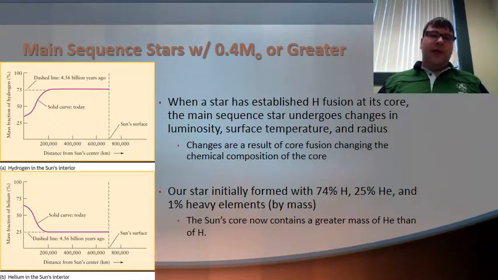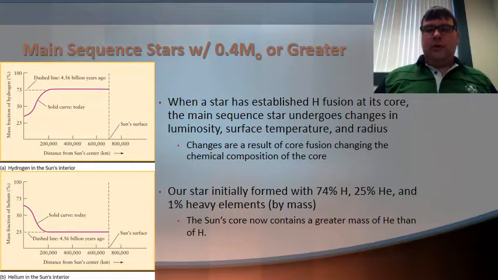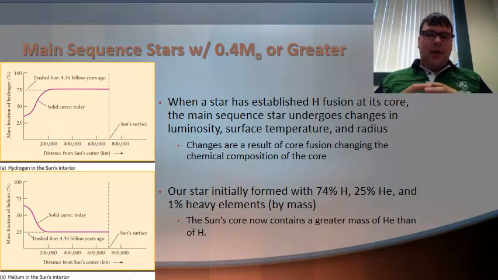Now, if we're looking at the main sequence stars in general, these are stars with 0.4 solar masses or more, so 40% of the mass of our sun or more. These types of stars will start off and they have a lot of hydrogen at their core. They have some helium as well. The hydrogen will start off in fusion when that star has reached critical mass. The hydrogen at the core over time will actually start to deplete.